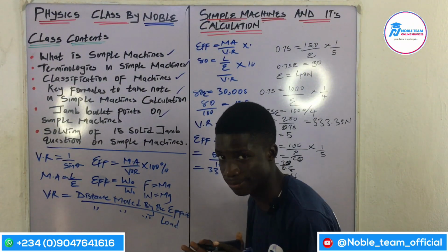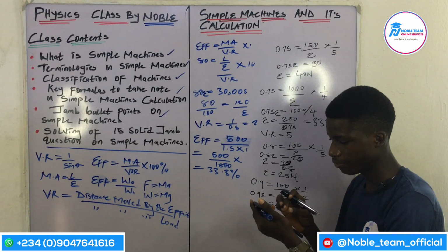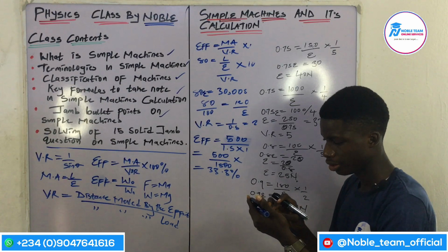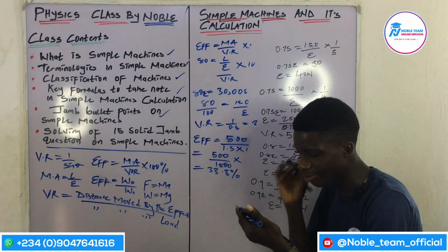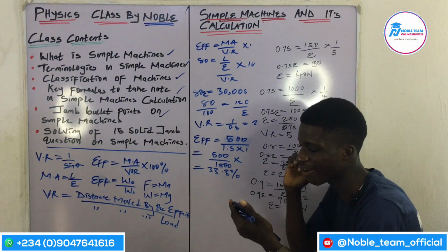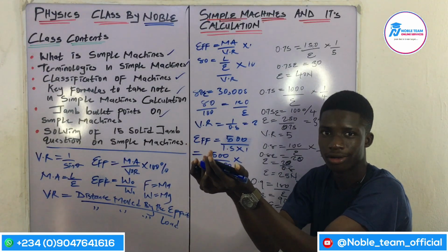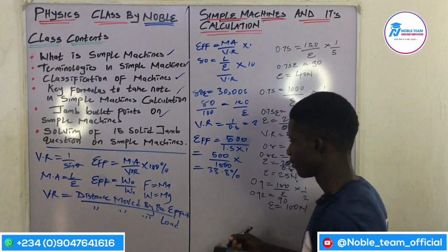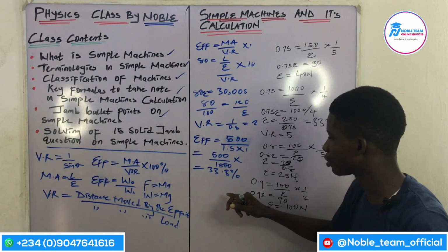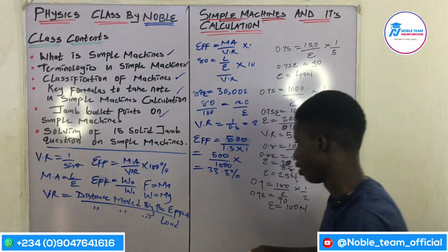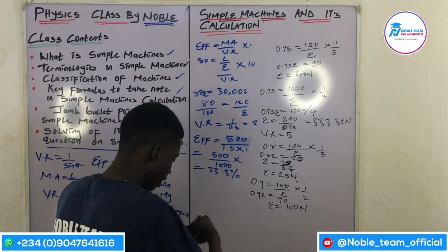Don't overthink it. If somebody looks at this question, you say okay, we are asked to get the load, not the effort. Remember, they say a force of 500 Newton is applied to lift that particular load. So we are looking for the load this time around.